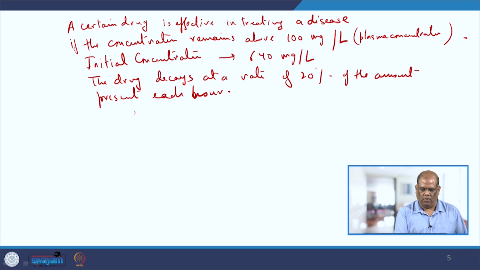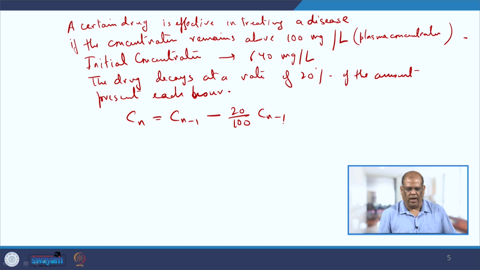So, if I take Cn, that will be Cn minus 1 minus 20% of the drug, which is less each hour, and this will be equal to 0.8 Cn minus 1.